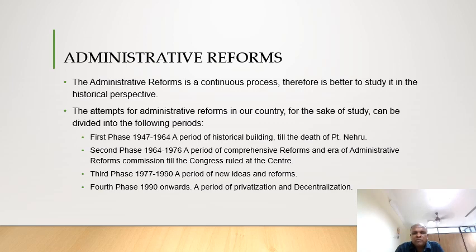First phase 1947 to 1964, second phase 1964 to 1976, third phase 1977 to 1990, fourth phase 1990 onwards. These are the periods for study. The administrative reform is a continuous process.